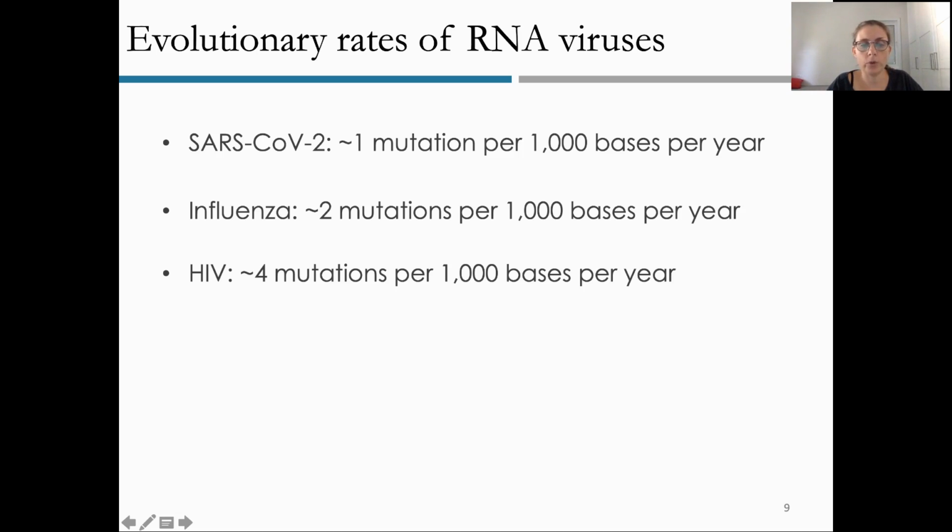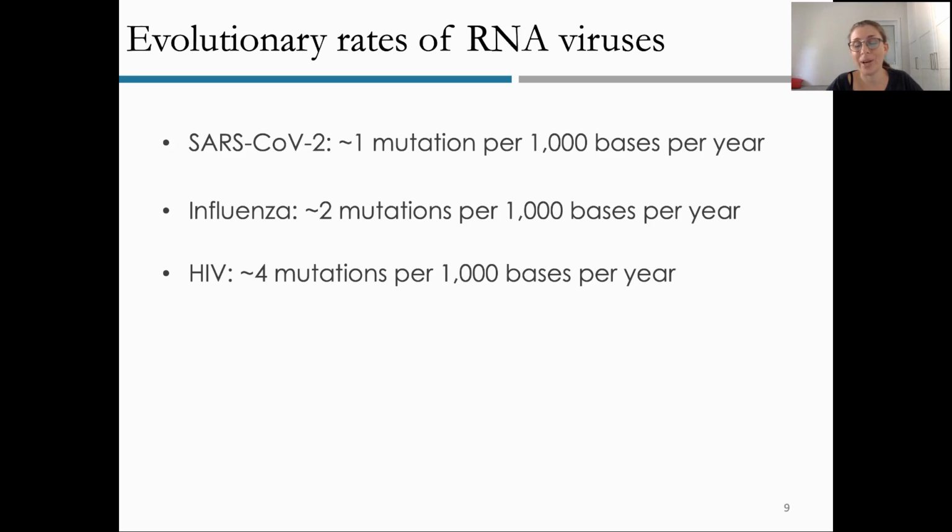On the other hand, influenza virus has 2 mutations per 1,000 bases per year. So you can see its rate is double that of SARS coronavirus 2. And HIV has 4 times the amount of mutations, so 4 mutations per 1,000 bases per year. So that means that relative to most RNA viruses, SARS coronavirus 2 is a relatively slow evolving virus.